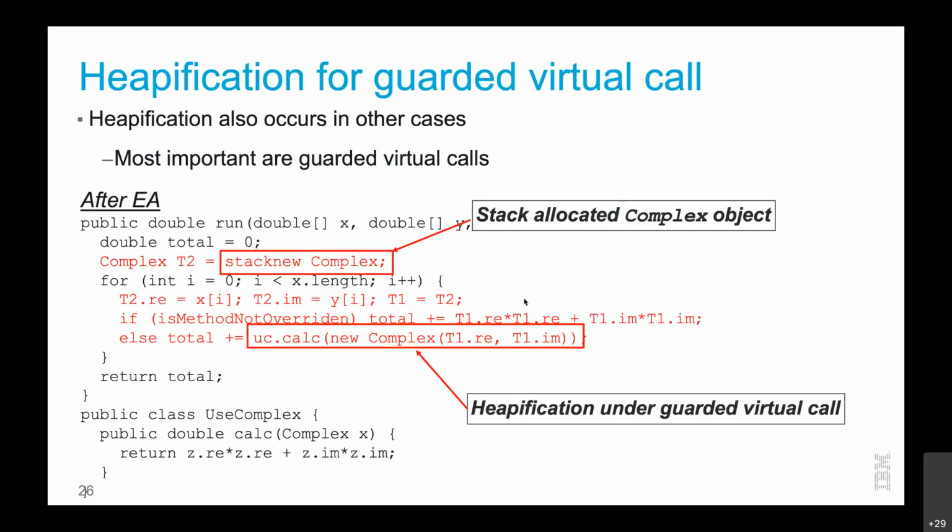Andrew or VJ, can you answer that? When we're doing heapification, what we're primarily interested in is what's called a cold block. So the compiler does use frequency information to guide optimization. Now, heapification is not something that we generally want to happen. It's pretty expensive, and most of the time it's not something we want to do.